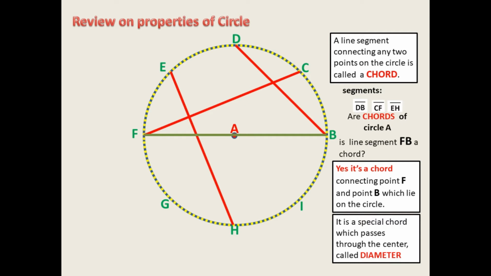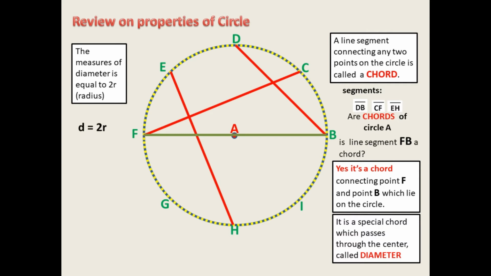It is a special chord which passes through the center, and we call this a diameter. The measure of the diameter is equal to twice the radius, or 2r. We can use the equation d equals 2r, or r equals one half of the diameter.